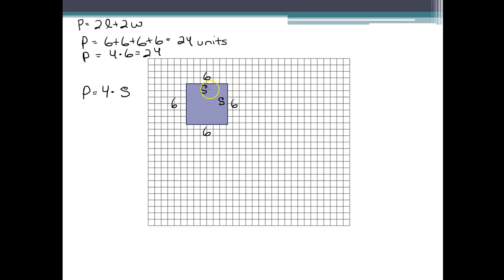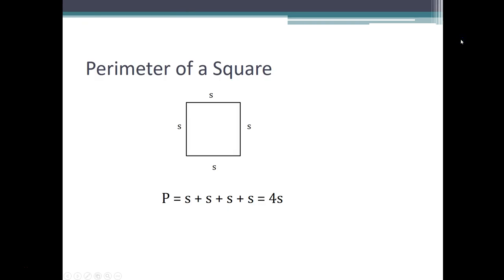Alright, so yeah, multiplying 4 times whatever that side length is will get you the perimeter of the square, or you could still add up all 4 sides. Totally up to you. But this is the same as 2L plus 2W, it's just that L and W are the same. 2S plus 2S is 4S. There you go, perimeter of a square, 4 times the side.